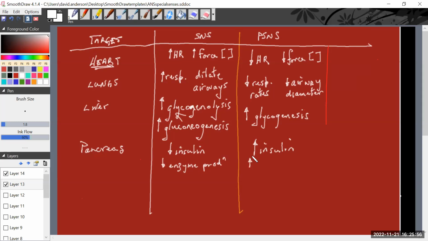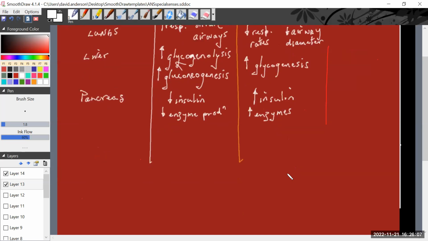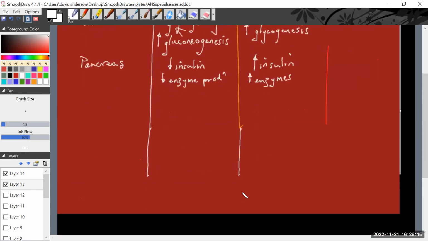And in rest and digest, we're going to increase the enzymes. Seeing the way this dual innervation thing is working? So far, we've been pretty much just doing opposites. That's not going to hold true all the time, but for a lot of them, it does.